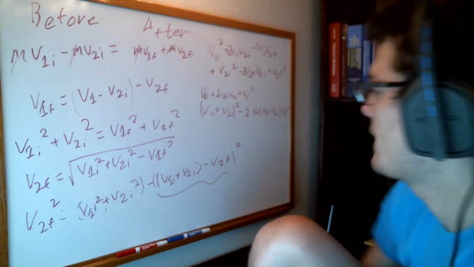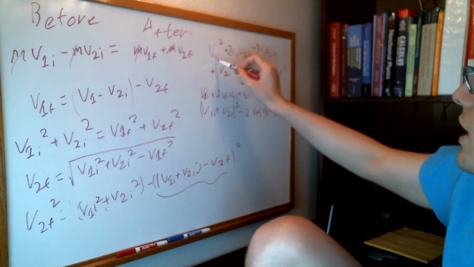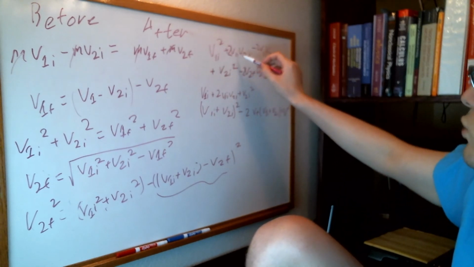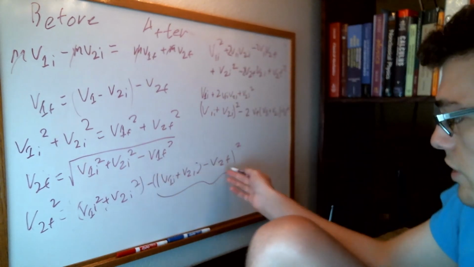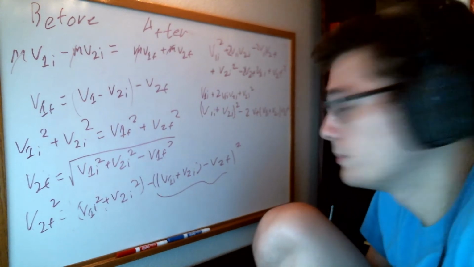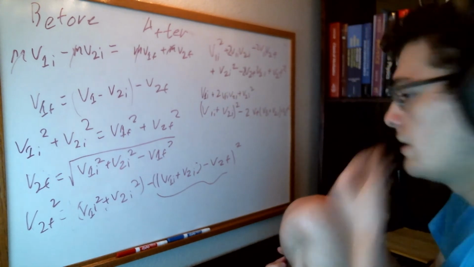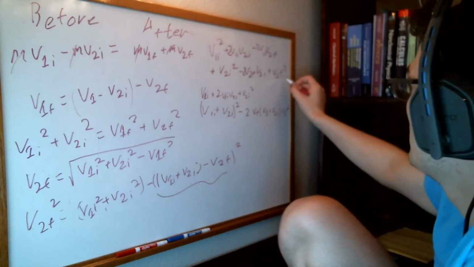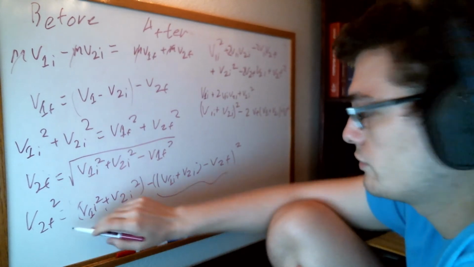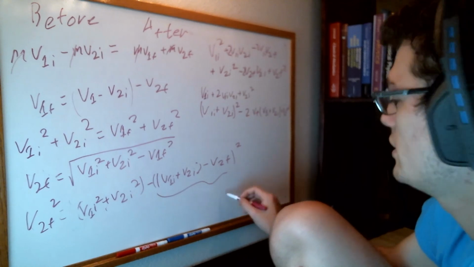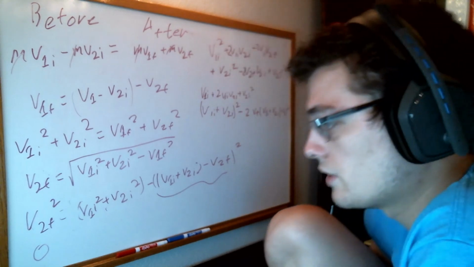And so what ends up happening is that we get V1I squared plus 2V1I V2I, we get a bunch of cross terms if you go ahead and you square this three-term sum. And so one of the key things that comes out of this, though, is that we have a V2F squared. And so if we take away the square root, we have a positive V2F squared somewhere in our sum over here. And so we can subtract it, and then this is equal to 0.